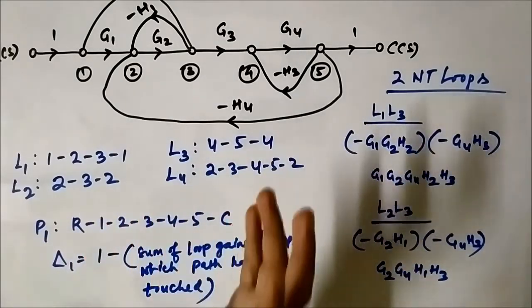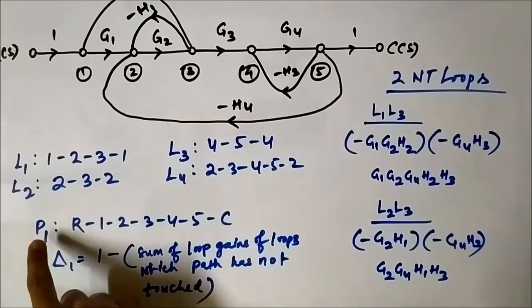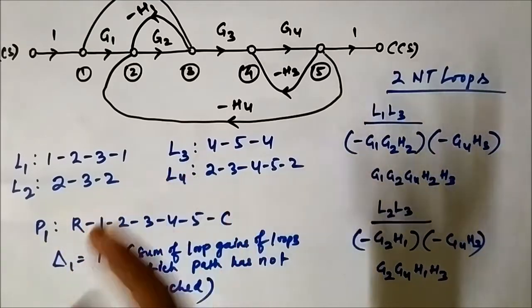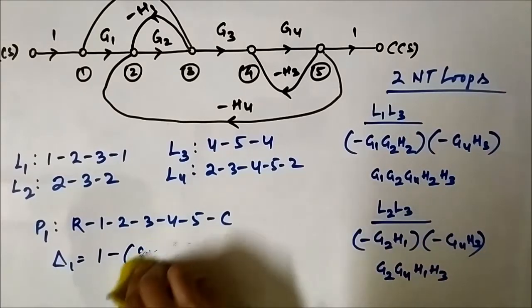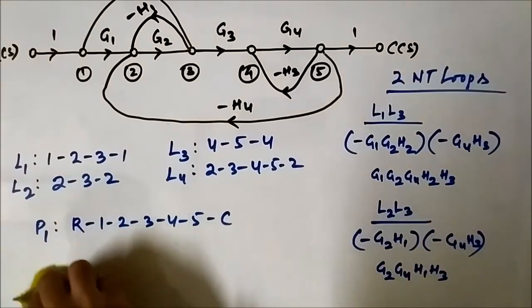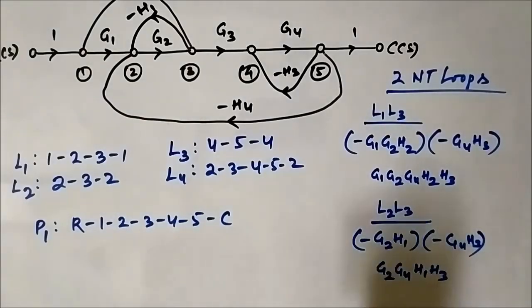If we find no common node between this path and a particular loop, it means the path is not touching that loop. So we'll again compare this nodal representation of this path with the loops.